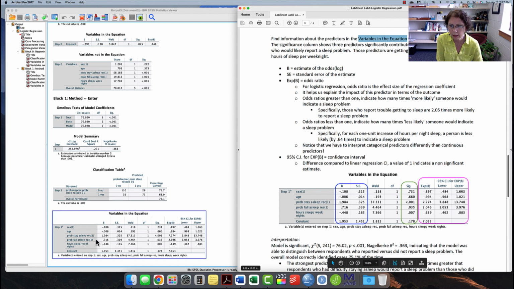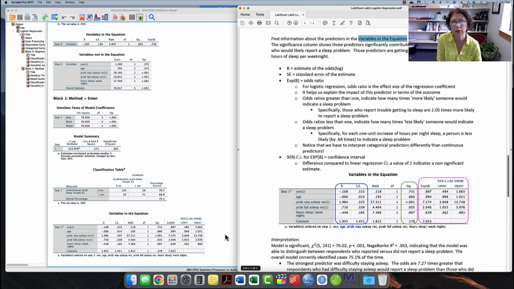For someone who reports that they have problems staying asleep, they were 7.27 times more likely to report having problems with sleep. Next row, those who reported problems falling asleep were 2.05 times more likely to report having problems with sleep.